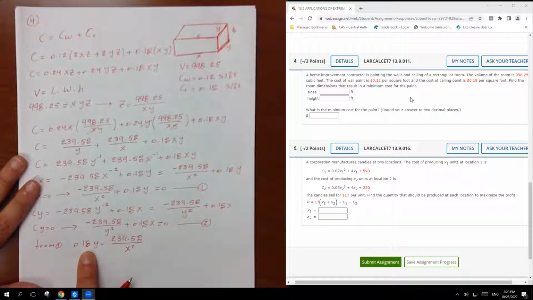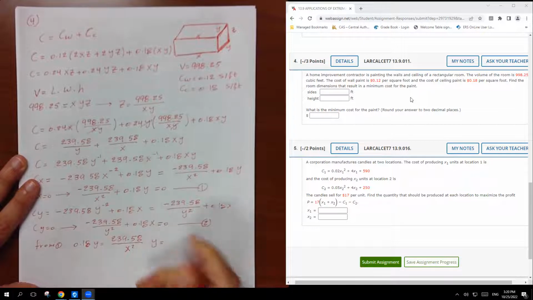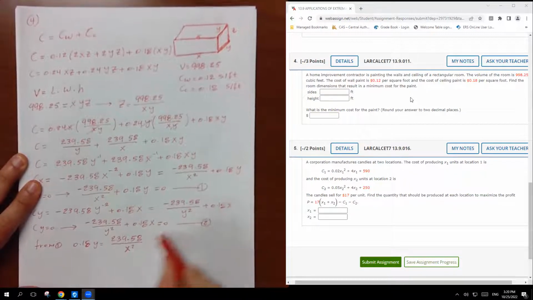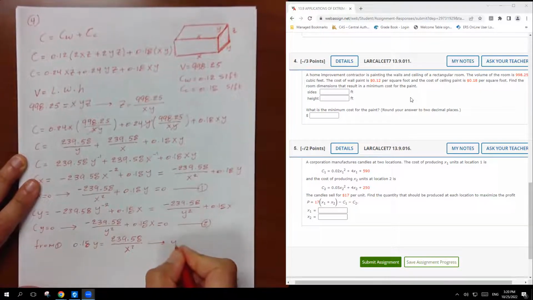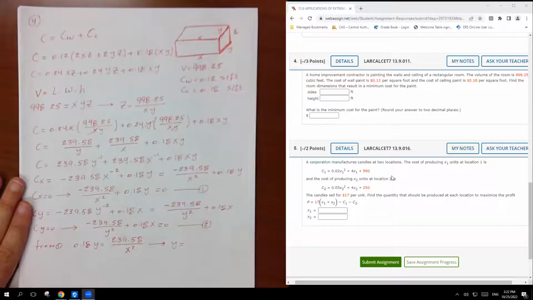That means y is going to be equal to, if I divide this number, 239.58 divided by 0.18, let's keep going.